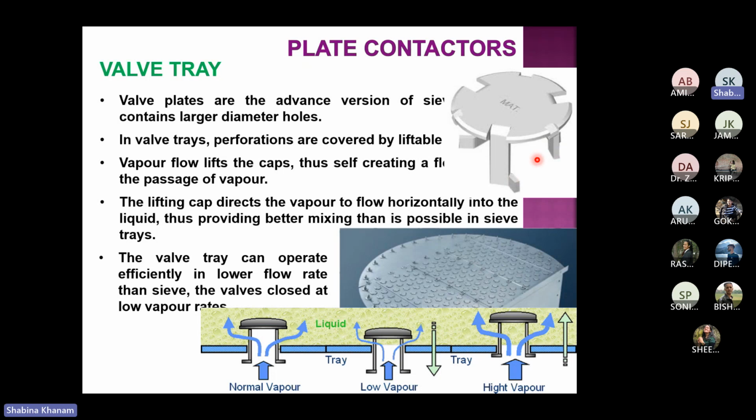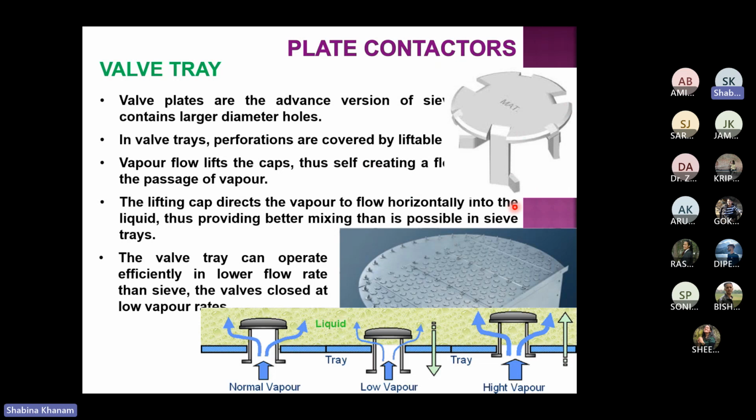In this way you can see each cap. This is the liftable cap. If you see here, bubbles are not available. As vapor moves up, it lifts the cap and comes out from this gap, which is much larger than in the bubble cap.